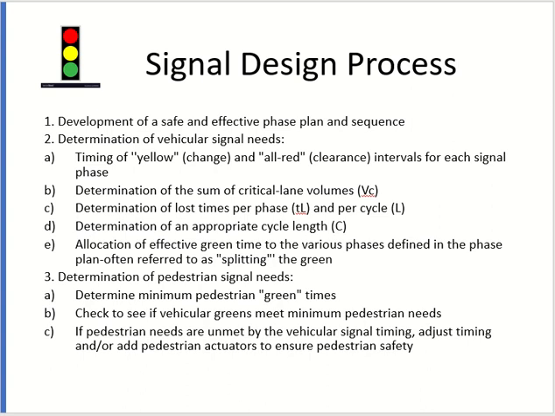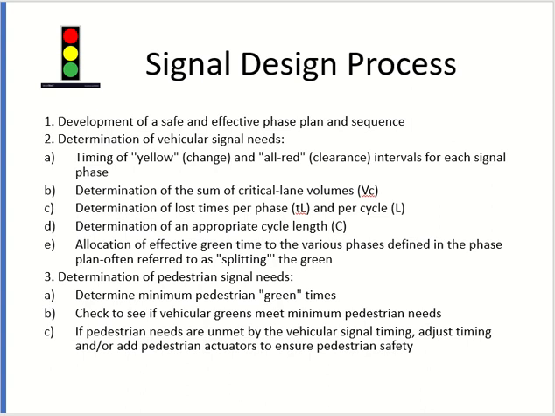What is a phase? What is included in the phase? Phase is the time, a part of the cycle length. It includes what? Green, all red, yellow. So phase includes green, all red, and yellow.